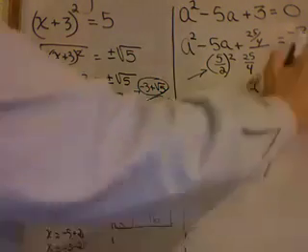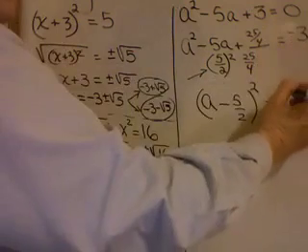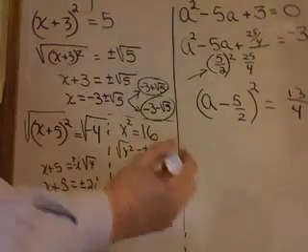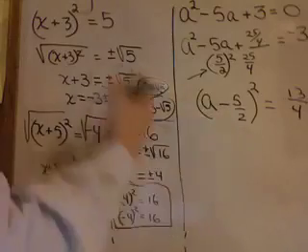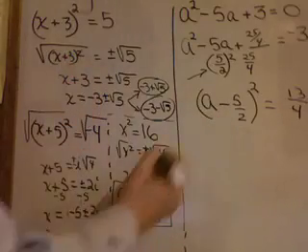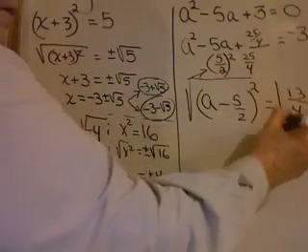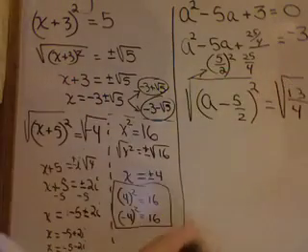Finishing this problem, minus 3 plus 25 fourths is 13 fourths. Now, let's take the square root of both sides, just like we did for all of these problems. So take the square root of this side and the square root of this side.